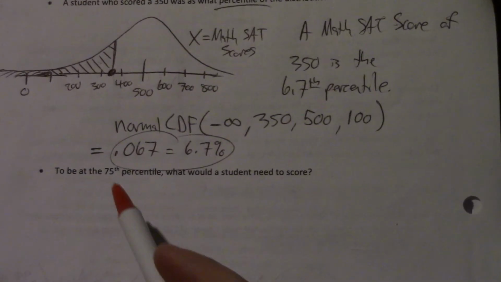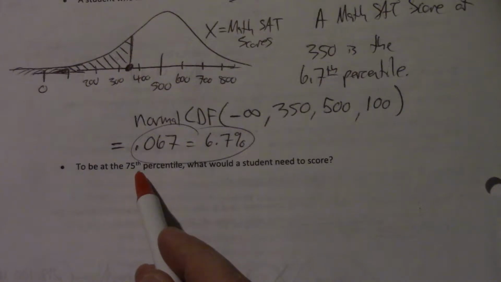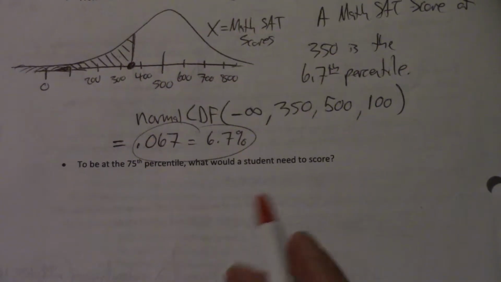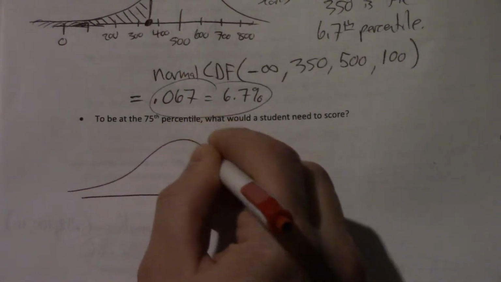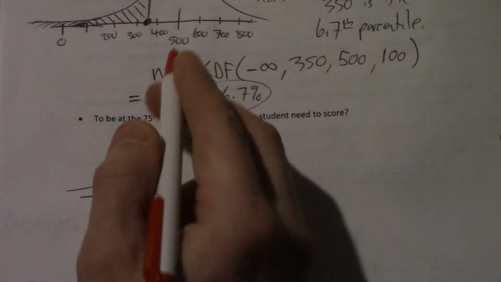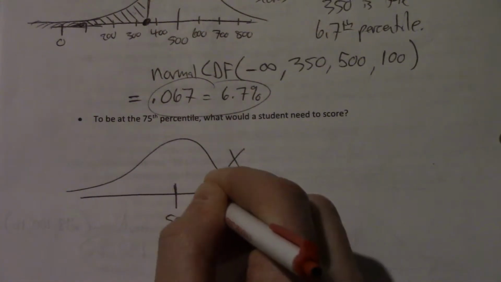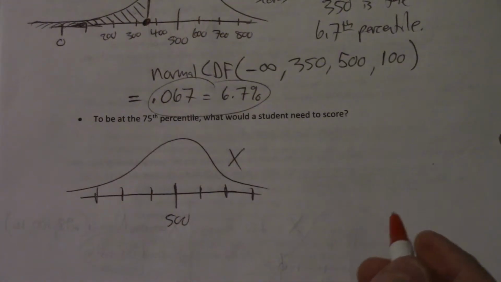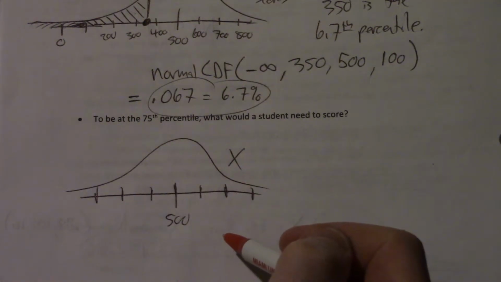Okay. Next question, to be at the 75th percentile, that's pretty good. What do you need to score? Okay. So we can just roughly sketch out this distribution again. We don't have to be very specific because we've already done it above. So there's the mean of 500. We'll just indicate where the standard deviations fall. We want to be at the 75th percentile.